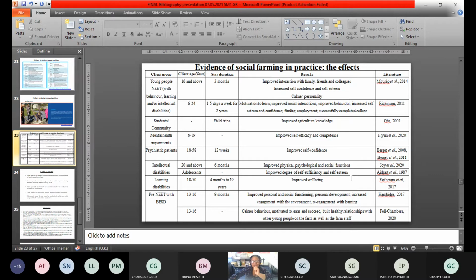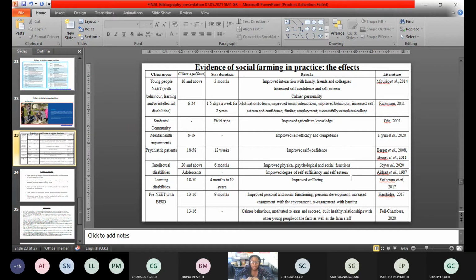Berger did a study in 2008 and 2011, and they used psychiatry patients in this one. The ages of the clients were between 18 and 58 years old, and they stayed on the farm for a period of 12 weeks. It was noted that they had improved drastically in their self-confidence.